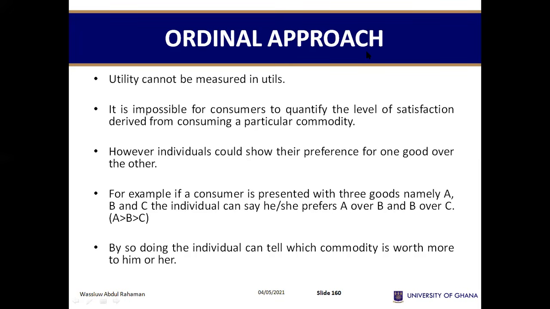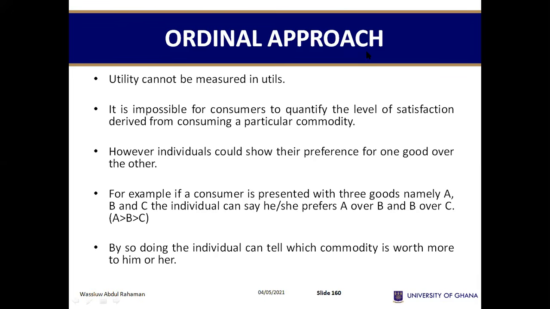Okay, so today we would be continuing with our discussions on consumer behavior. So the last time we met, we looked at the cardinalist approach to consumer behavior. So just to summarize that, utility can be measured.